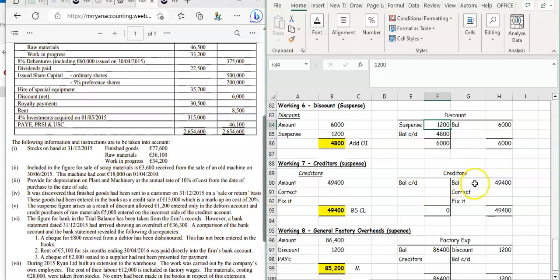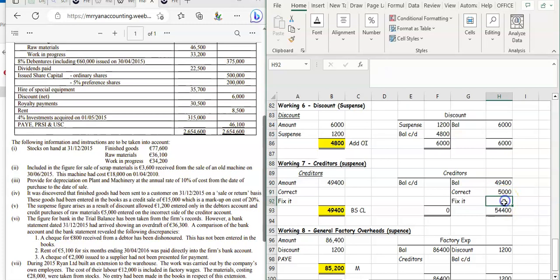So when we're doing up these accounts, before we balance them off, in our creditors account we would have had 5,000 on the debit side. That 5,000 should be on the credit side, so we need to correct that. If we put 5,000 on the credit side of the creditors account, that means it's now balanced, so it's now 0.